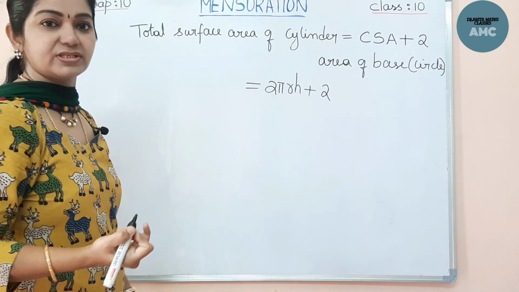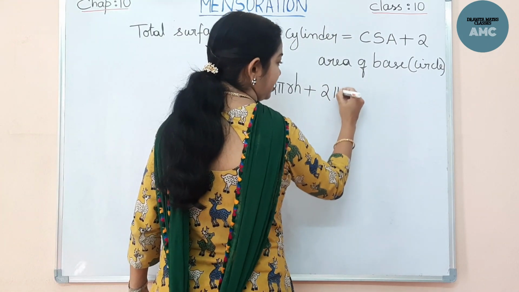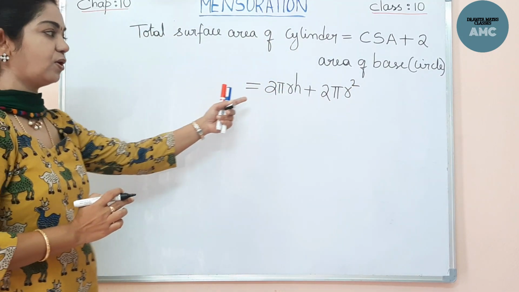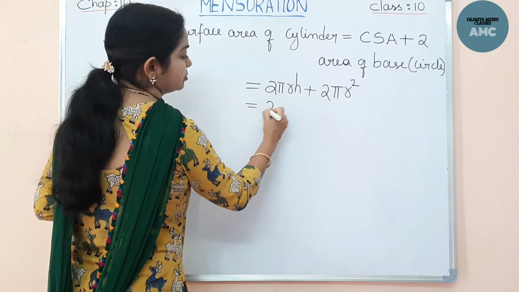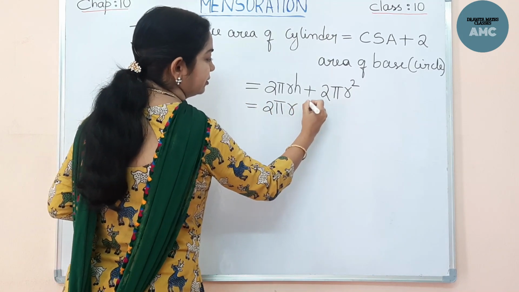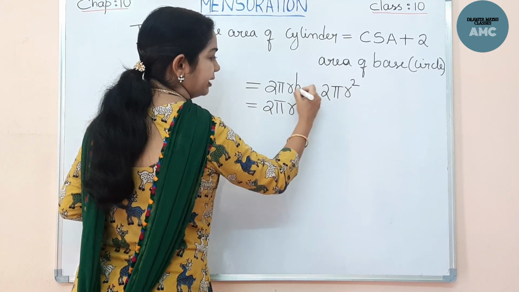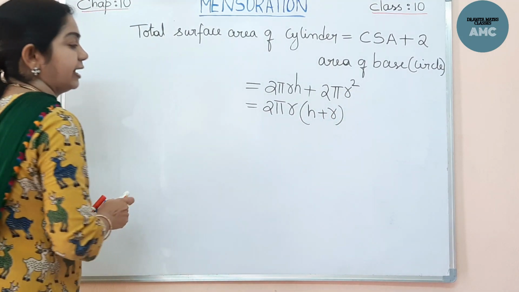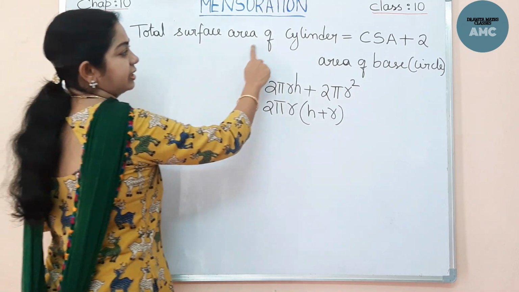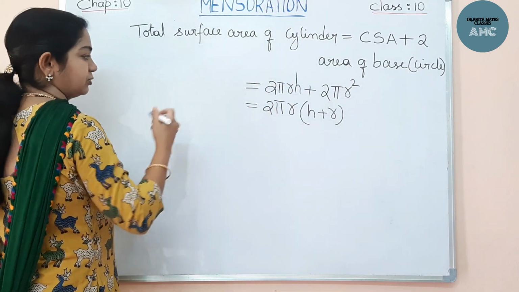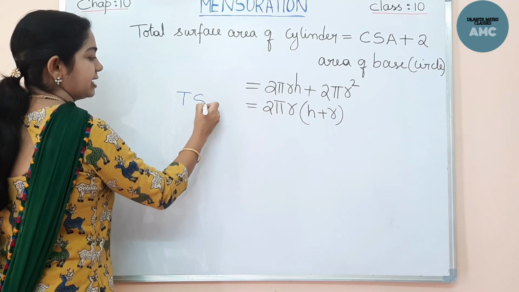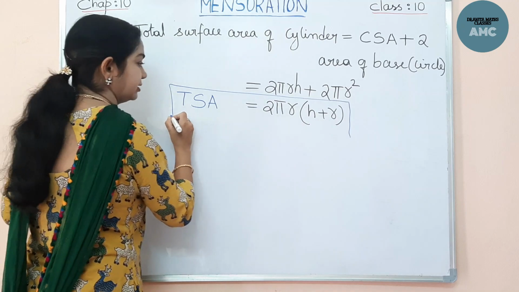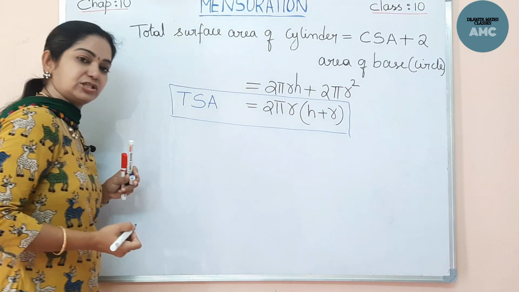So what is the area of a circle? Pi r square. So 2 pi r square. So in these two, when you see, there's a common thing, that is 2 pi r. I've taken common. The remaining is h plus r. So this is called the total surface area of the cylinder. So in short, we call it TSA, right? TSA of a right circular cylinder is 2 pi r (h plus r).